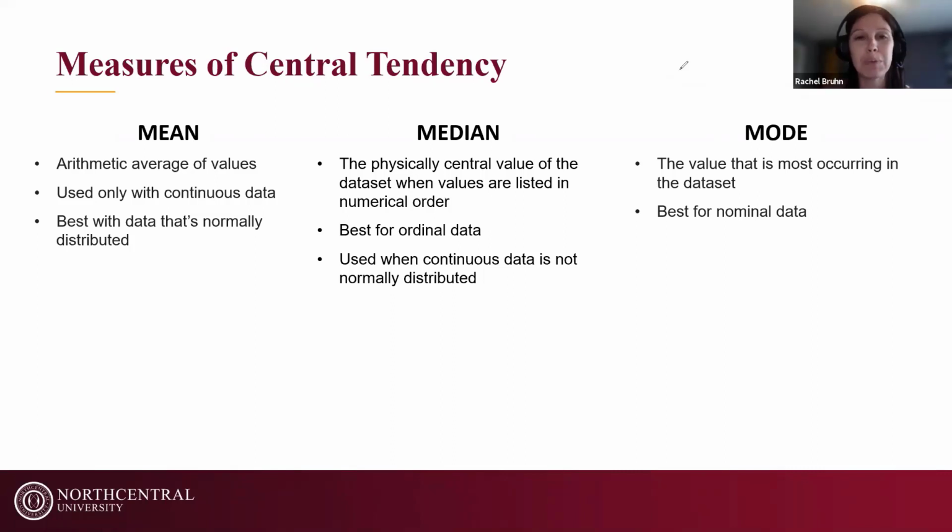If we had 100 people in a room and we collected the ages of these 100 people, we would be hard-pressed to find one age that had a very large number of people on that age. We're going to have lots of very different numbers. So it would be hard to find a mode, or we might have multiple modes, and even then it might just be like 3 people out of 100. So it's not really representative having a mode for a continuous variable.